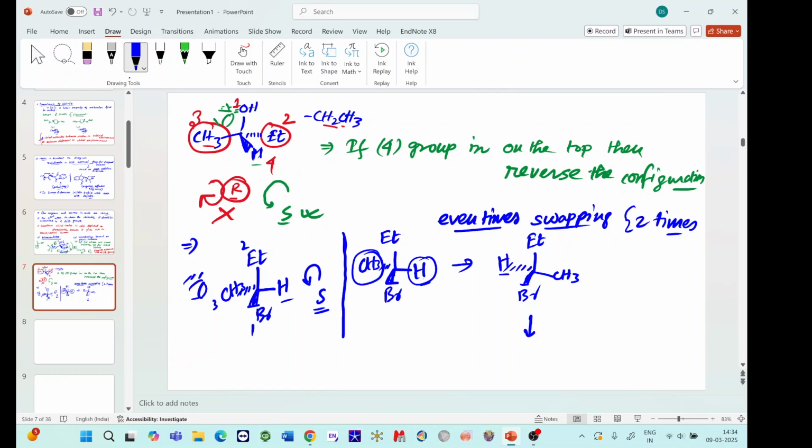Now another one we have to swap. What we can do, we can swap this bromo and methyl. So methyl will be on the top, here will be your bromo, top of the plane will be methyl, and down will be, sorry, hydrogen.